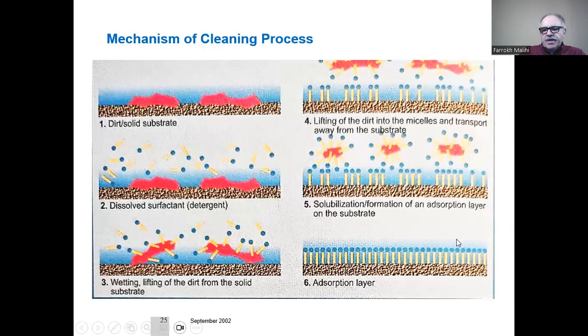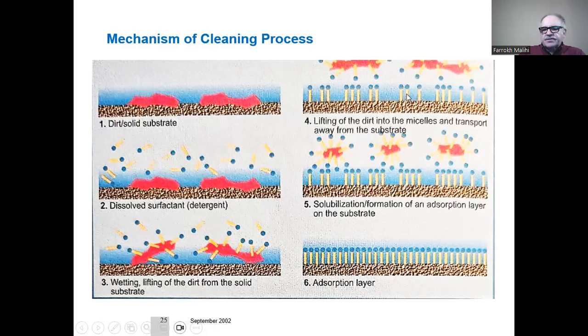This is a schematic that shows this whole cleaning process. Initially, the soil particles, which are a mixture of solid and liquid soils, minerals, and oily soils, are attached to the surface of the fabric.